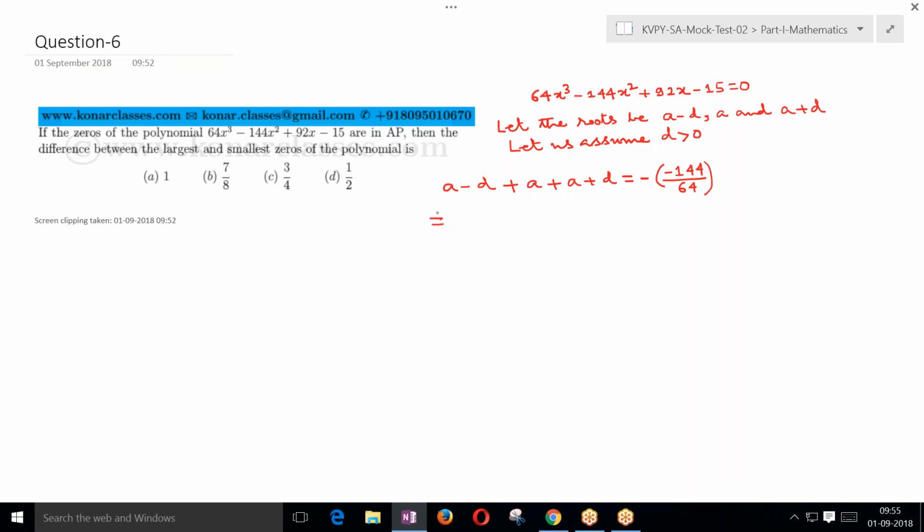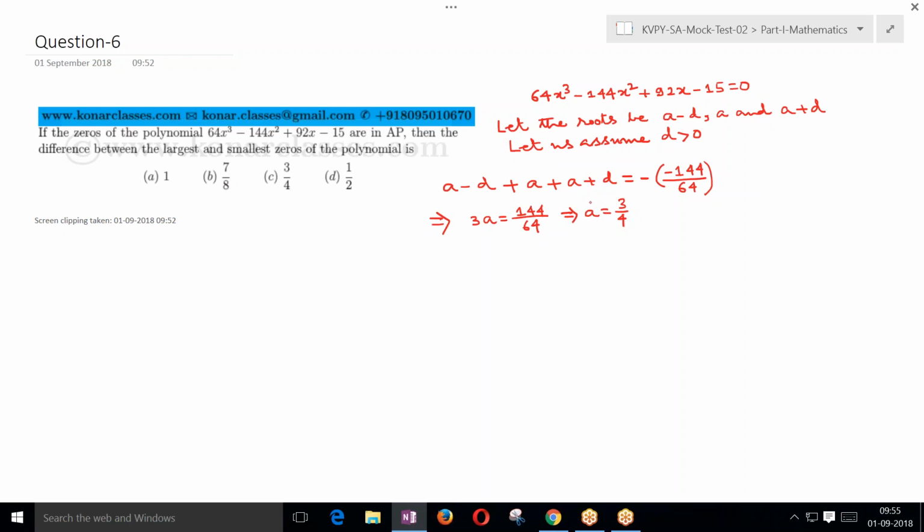This implies 3a is equal to 144 divided by 64, and if you simplify further, you will get the value of a as 3 by 4.